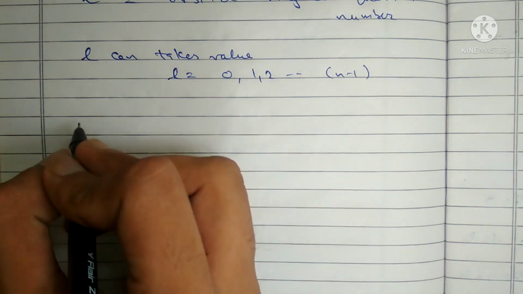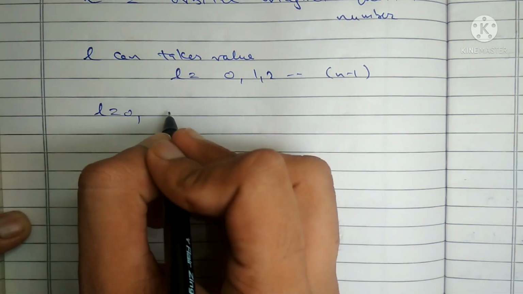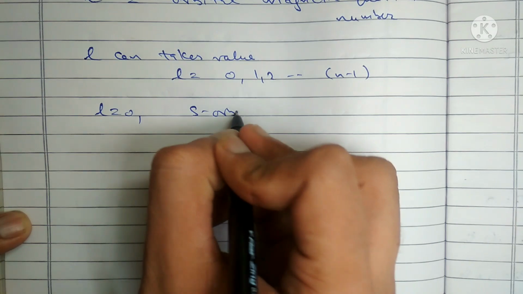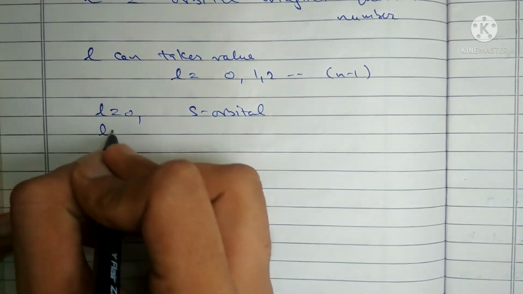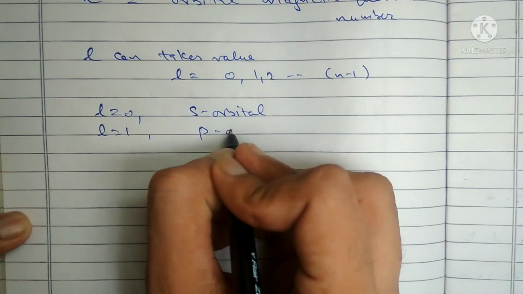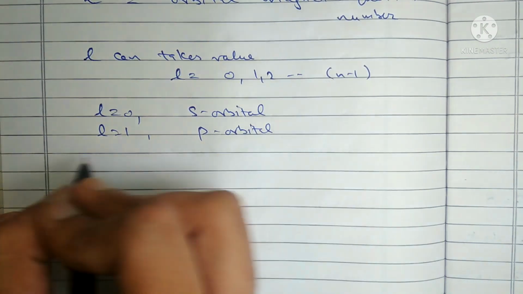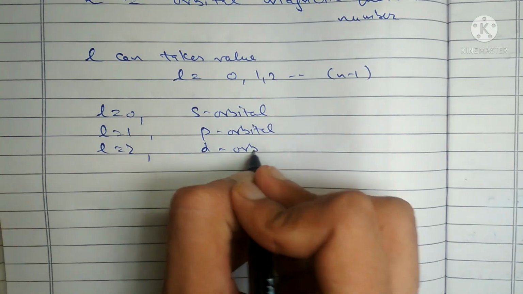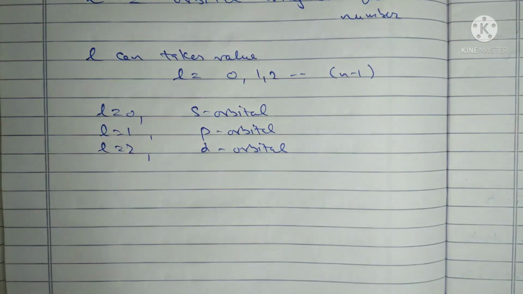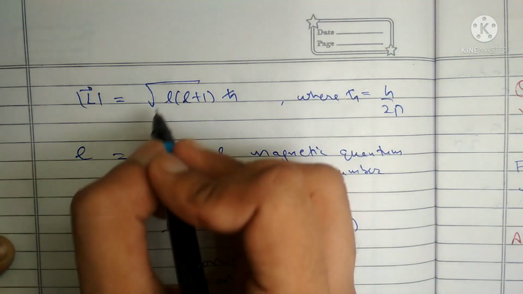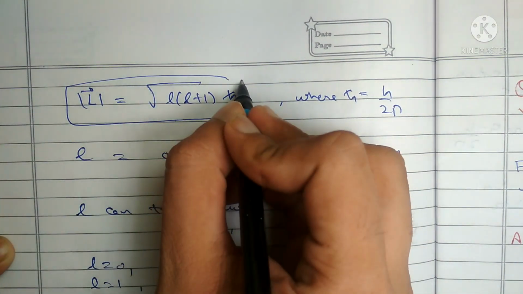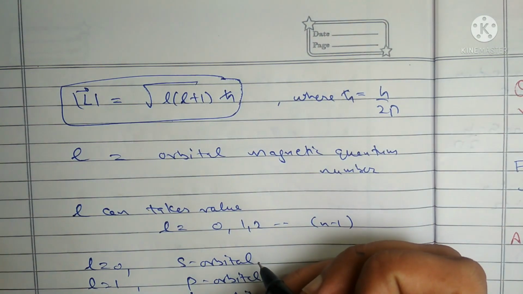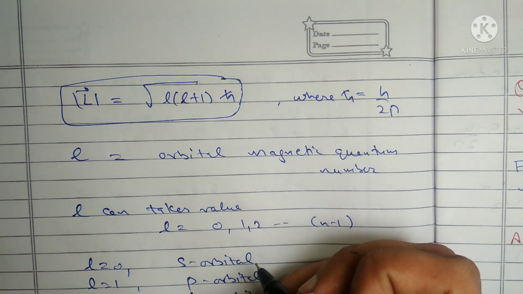As we know, for l is equal to 0, there is an s orbital, for l is equal to 1, there is a p orbital, and for l is equal to 2, there is a d orbital. So this equation basically results in the quantization of the angular momentum, because angular momentum is now restricted to certain allowed values.